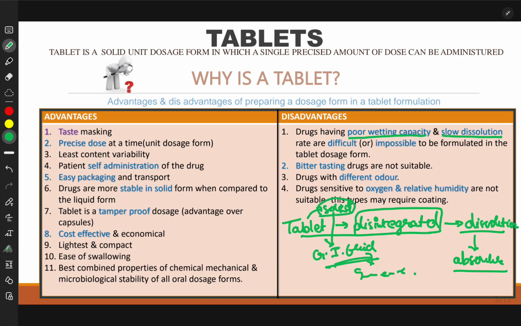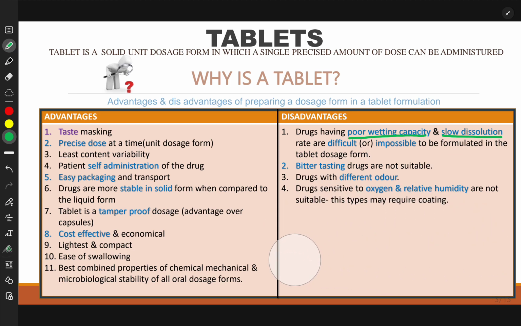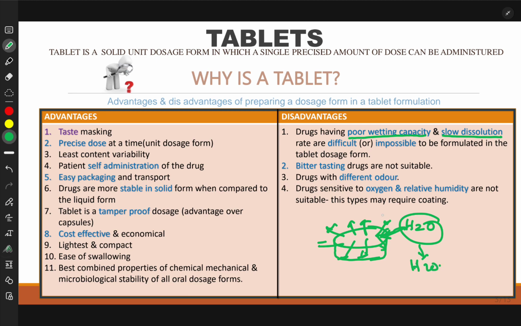For this dissolution, H2O should penetrate into the tablet so that it will deaggregate the particles and the tablet will disintegrate. For that penetration, it is harder for H2O because we used the compression technique.